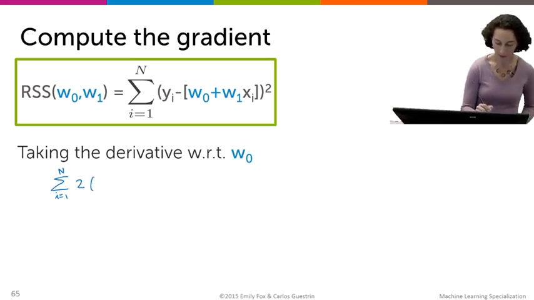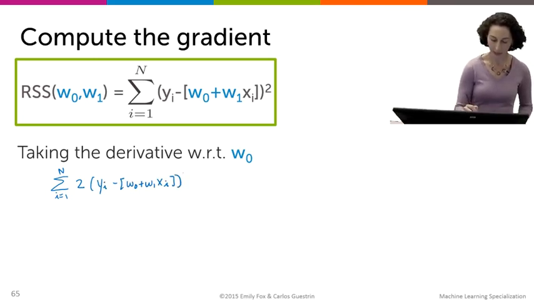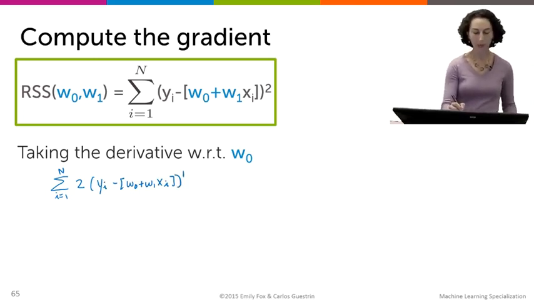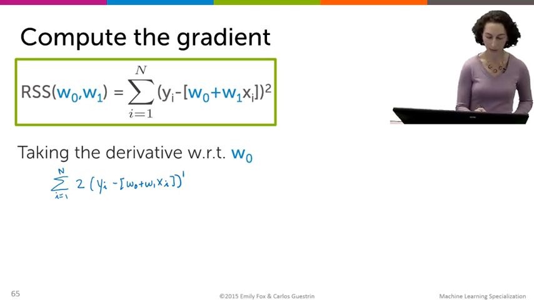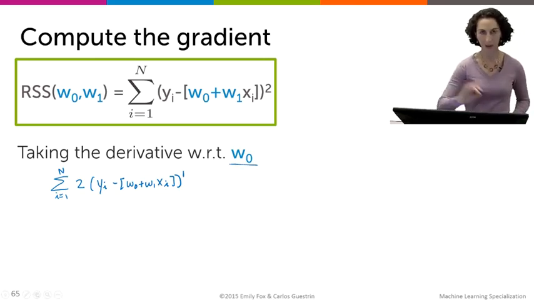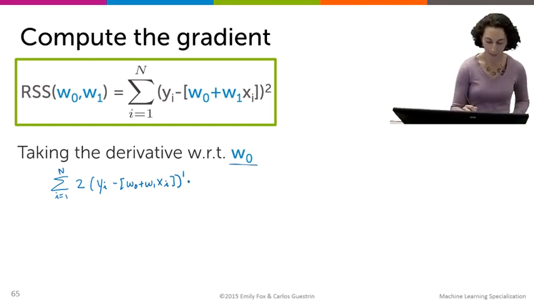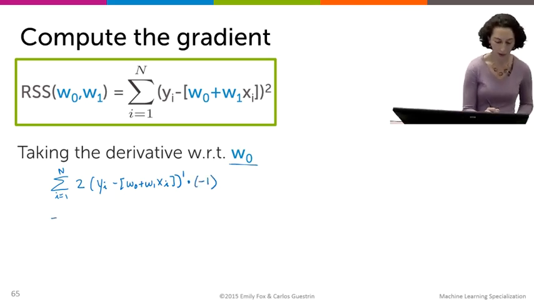So I'm going to get a 2 here, rewrite the function, plus w1 xi, and now the power is just going to be 1. But then I have to take the derivative of the inside. What's the derivative of the inside when I'm taking this derivative with respect to w0? Well, I have a -1 multiplying w0, and everything else I'm just treating as a constant. So I need to multiply by -1.